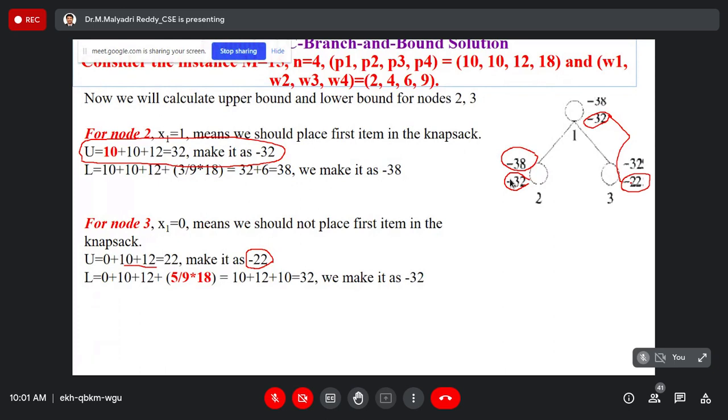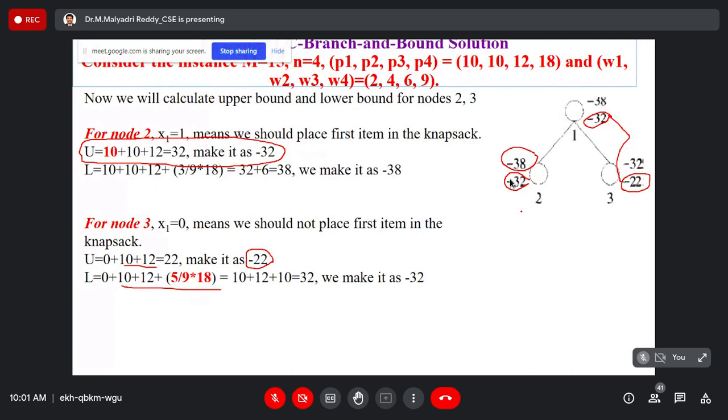Similarly for the other one, same lower bound, x1 excluded. So from 2 and 3, two live nodes are there.